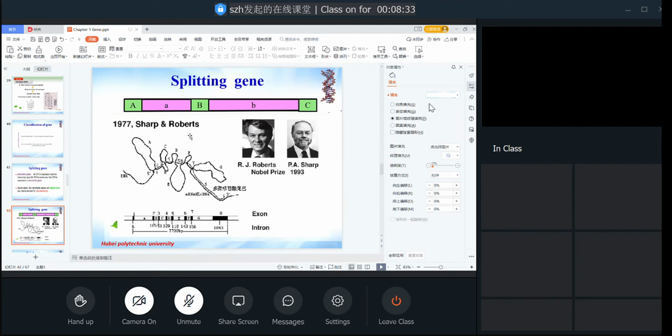The smaller letters a sequence, b sequence, these two sequences don't take part in transcription and encoding the peptide chain. So the sequence coding the peptide chain is discontinuous. At that time we give this kind of gene the name splicing gene.